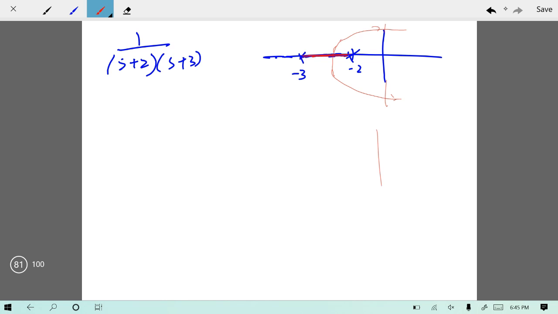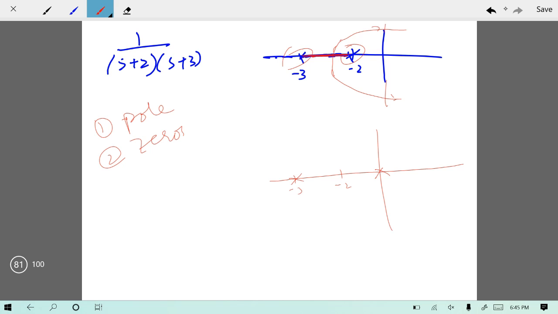after introducing a PID controller into your system, PID controller has one pole at origin and two zeros. It means your new system will have one pole over here, and these two poles at minus 2 and minus 3.